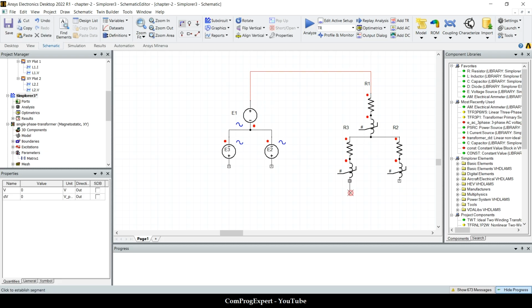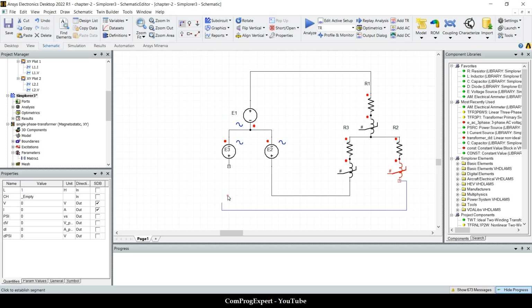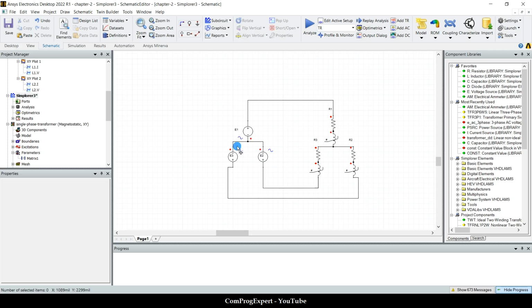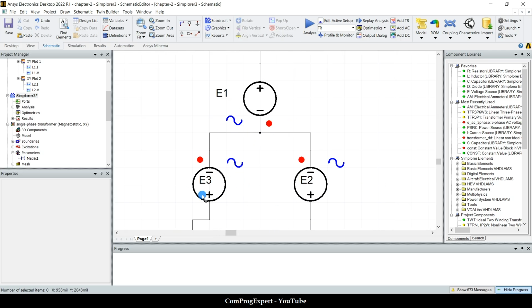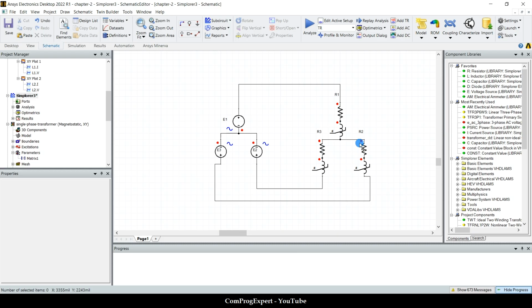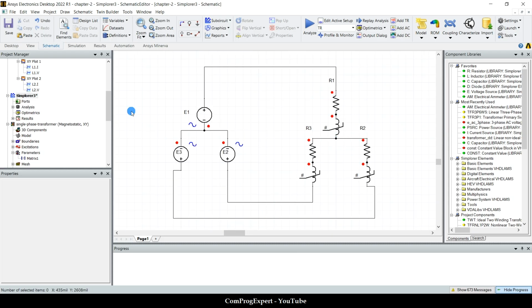Connect this to this phase and this to this one. That's all. Consider the correct polarities: positive, positive, positive, negatives. This is the N point, the neutral point of the supply, and this is the star point.